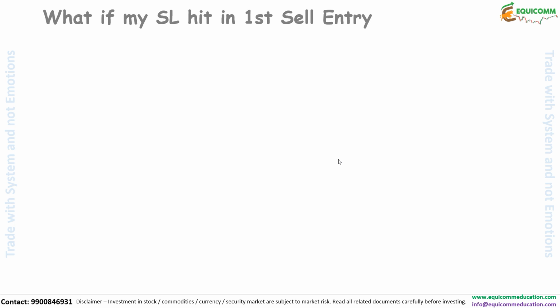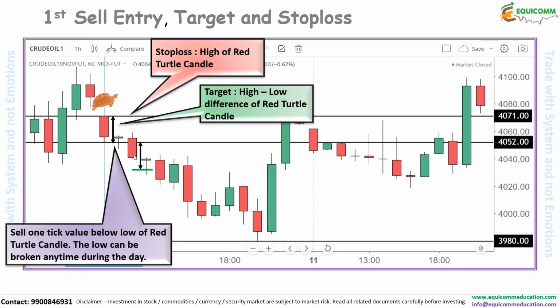Now the question might come: what if my SL hits in the first sell entry? In most of the Equicom Education trading strategies, we have a provision for a reverse entry. So I will explain again here. I have come back to the previous slide and you sold here before meeting its target. Say this was the target, right?